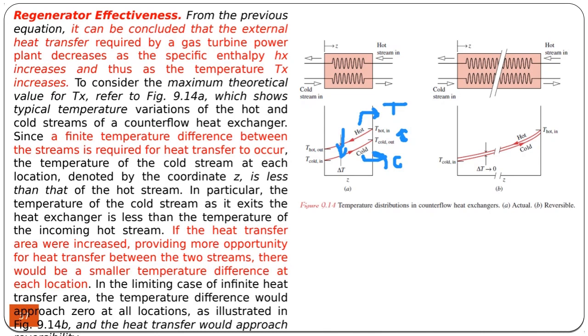If it's possible to increase the surface area of the heat exchanger infinitely, then the temperatures of the hot fluid and cold fluid will approach each other. At the limit, they will be the same. But this is not possible. This is not practical.